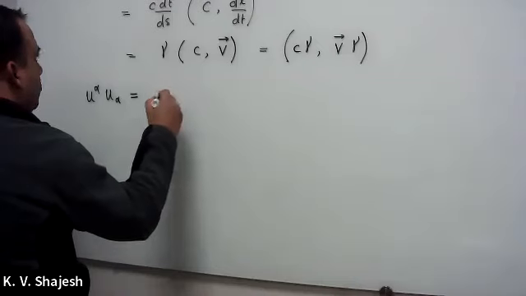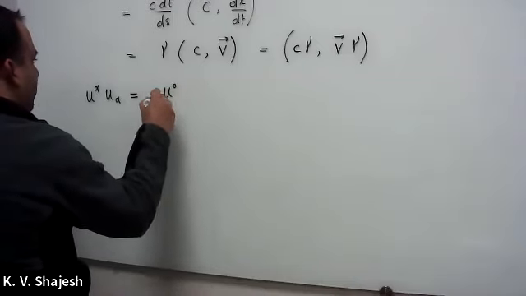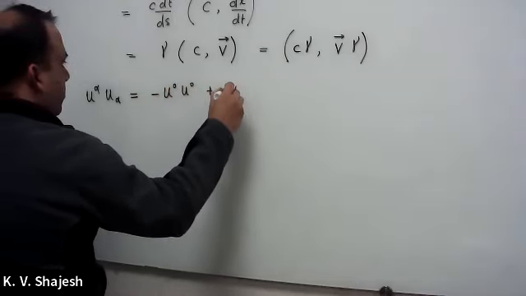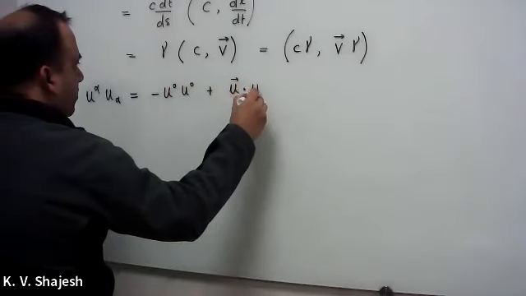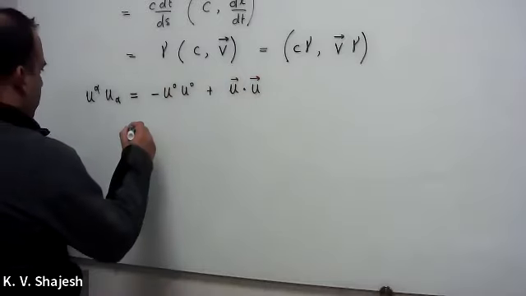That will be minus U0 squared plus the spatial U squared.